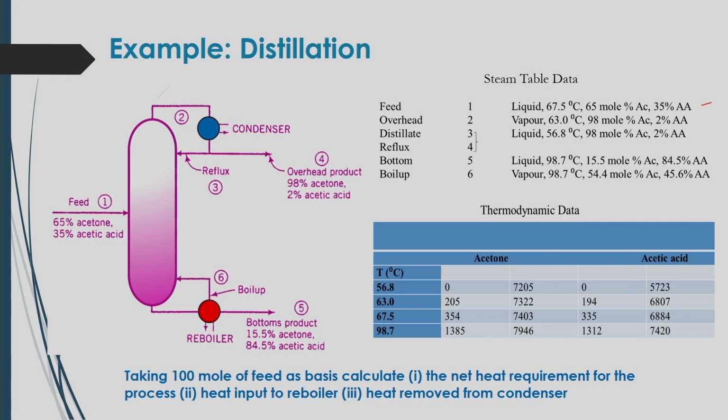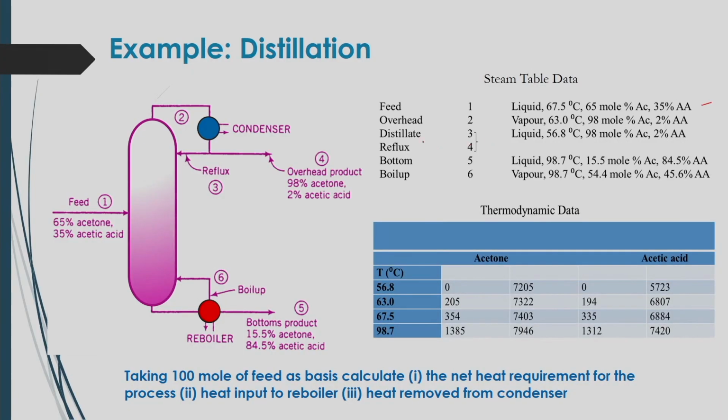In stream 3, you will see some amount of liquid overhead product is sent back to the distillation column as reflux. So, we have this reflux as a liquid, and it is sent to the distillation column at a temperature of 56.8 degrees Celsius, whereas the composition will be the same as that coming from the overhead product.